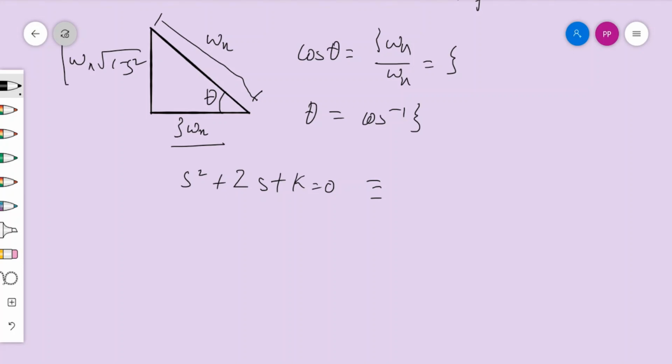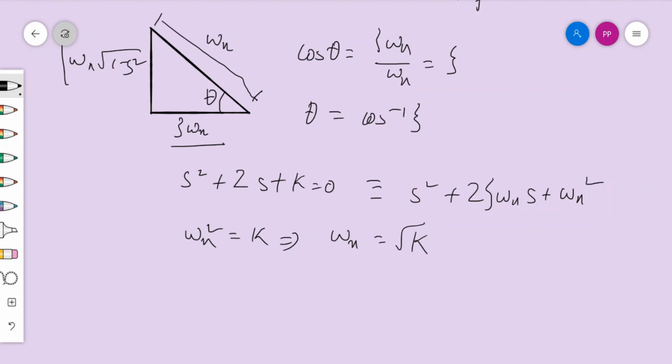This is equivalent to s square plus 2 xi omega n s plus omega n square. Then omega n square is equal to k, which implies that omega n equals square root of k.